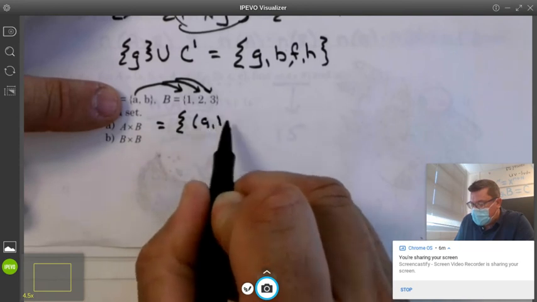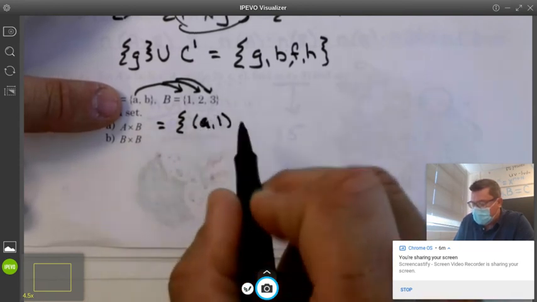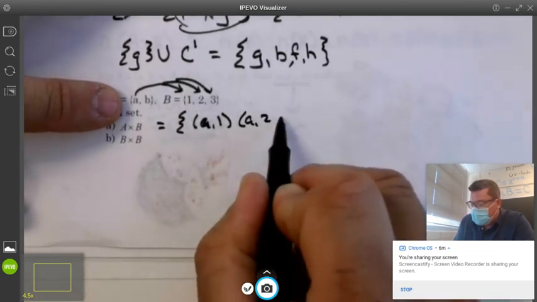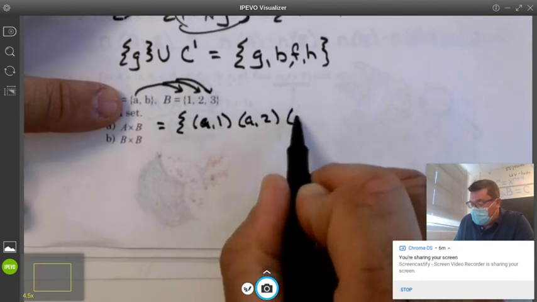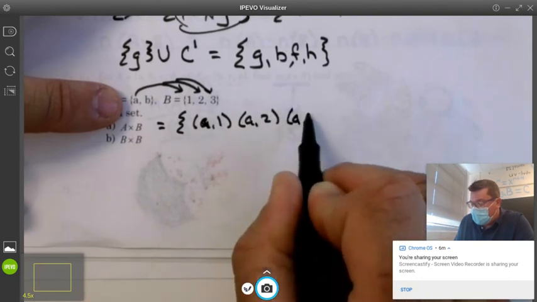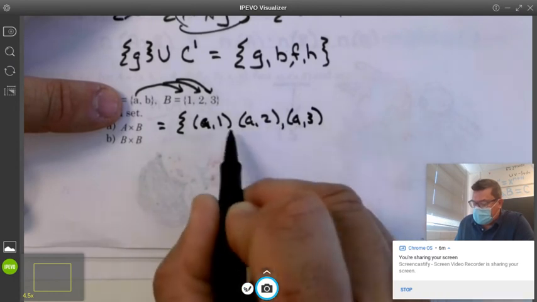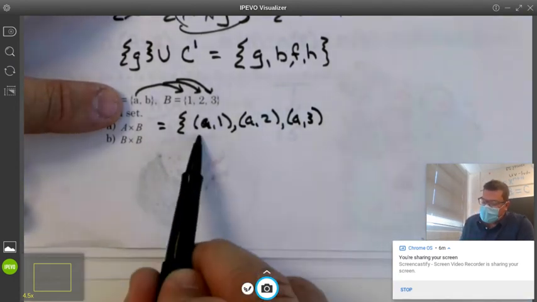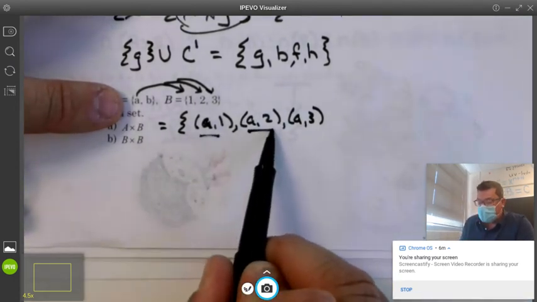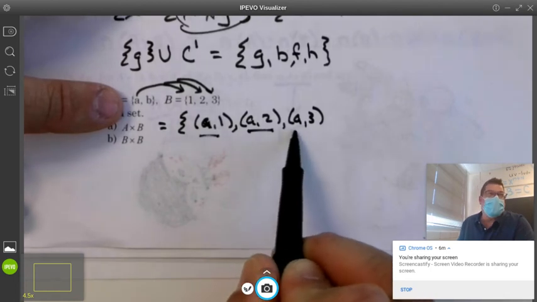A pairs with 1, A pairs with 2, A pairs with 3, because each one of these ordered pairs is an individual element.